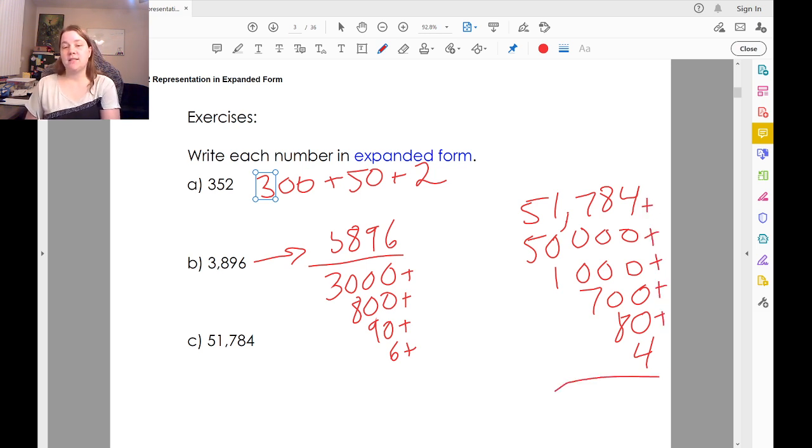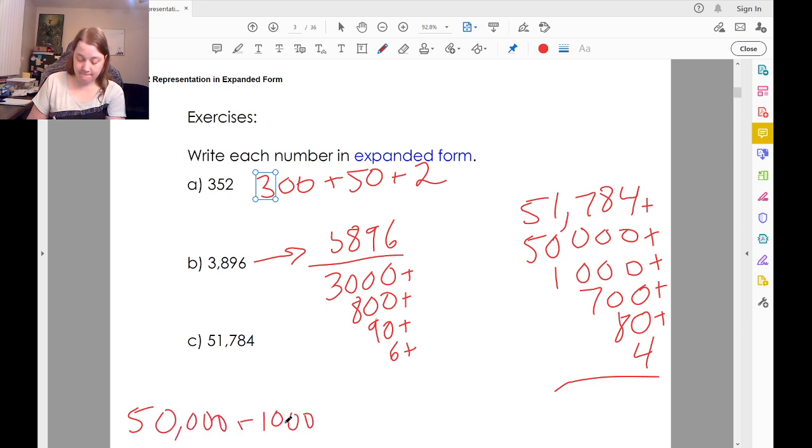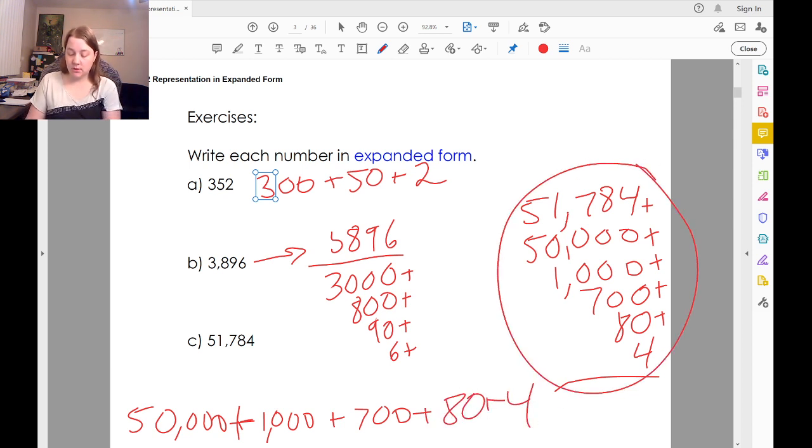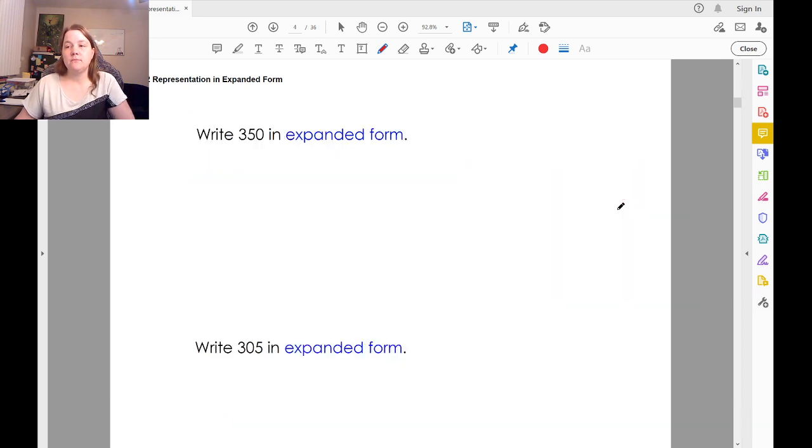Now, if I were to write this on the computer or to turn it in, I would just go ahead and convert all of this and just rewrite it. And I have my commas in there, so I'm good to go. But I like the visual of how this works because it helps me to make sure that I have the correct amount of zeros.